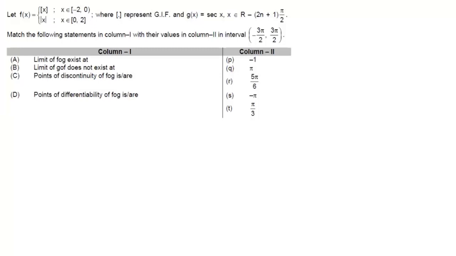Now here we are given this function f(x), which is greatest integer function of x when x lies between minus 2 and 0, and this is mod x when x lies between 0 and 2. Now we draw the graph of f(x).